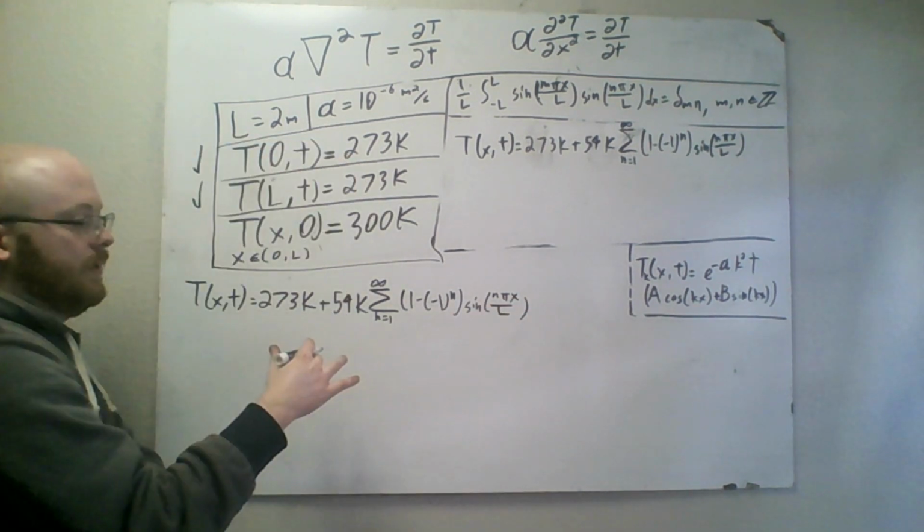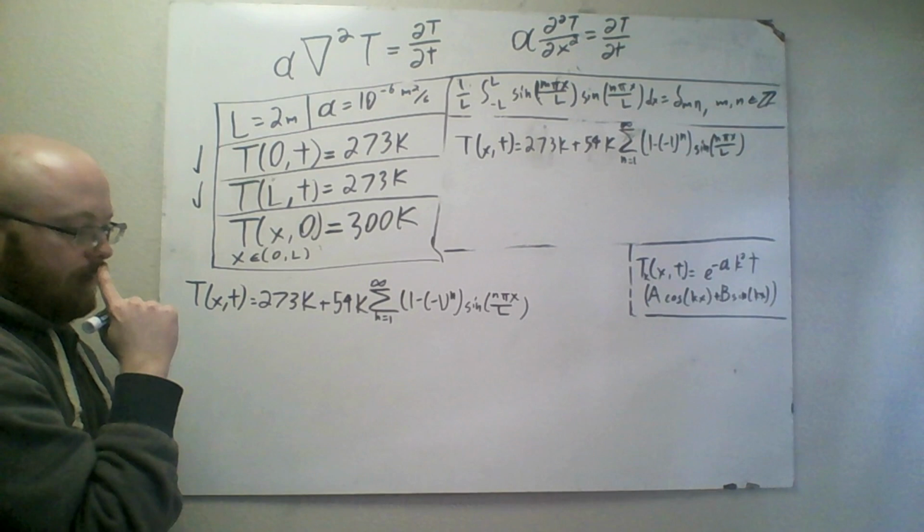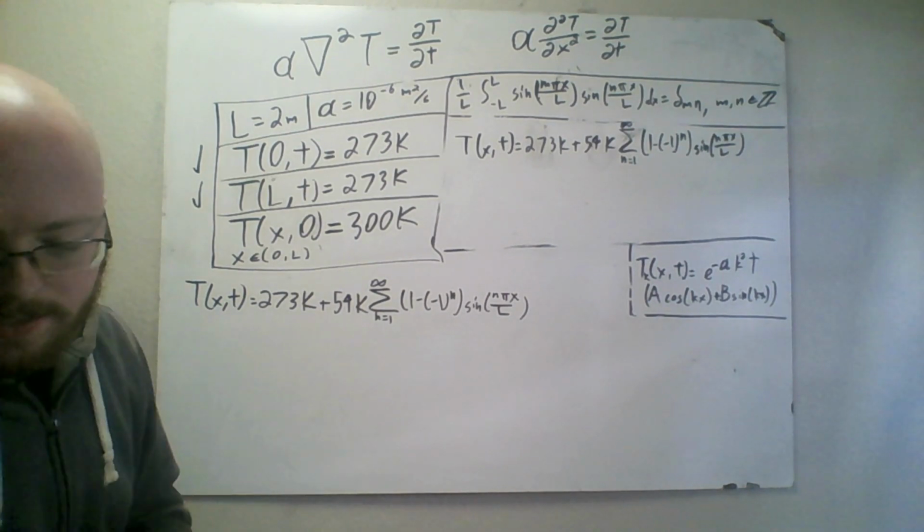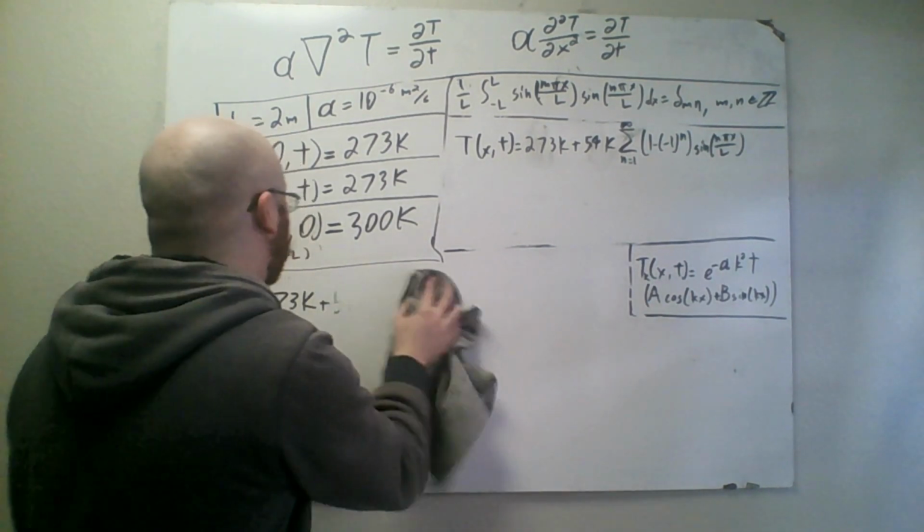Because normally what you get is some function of n. So it's not just this. You add a bit of an n. And I think I forgot to add it earlier, which is gross.